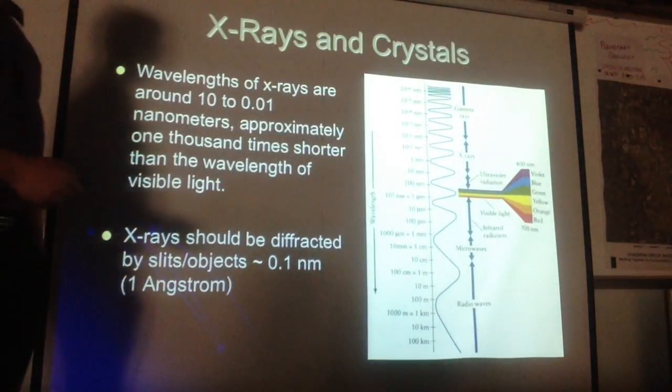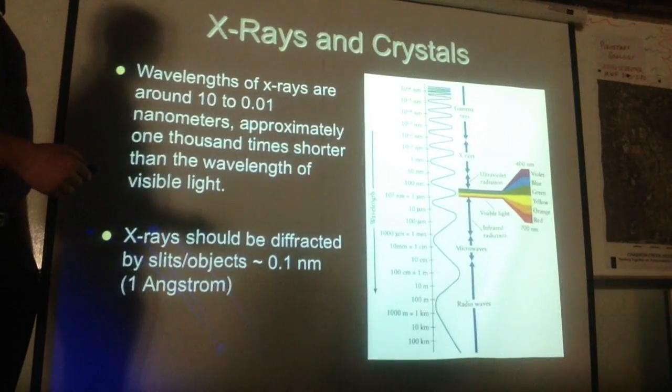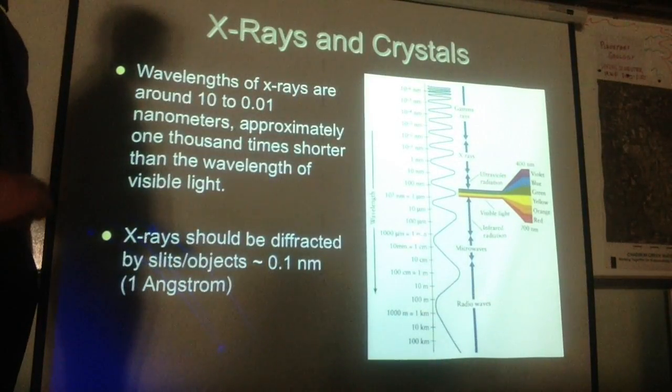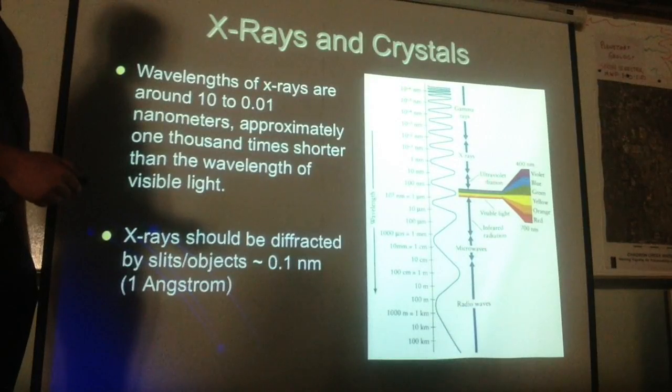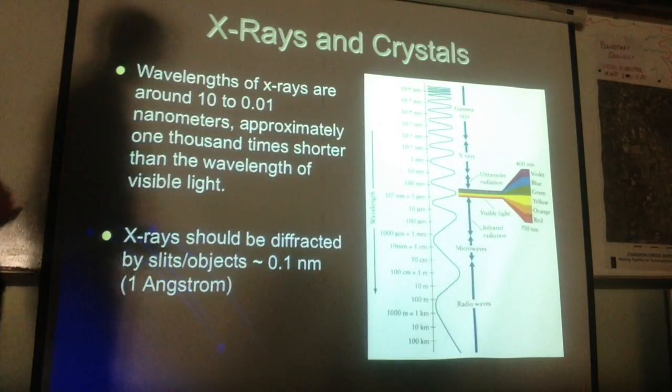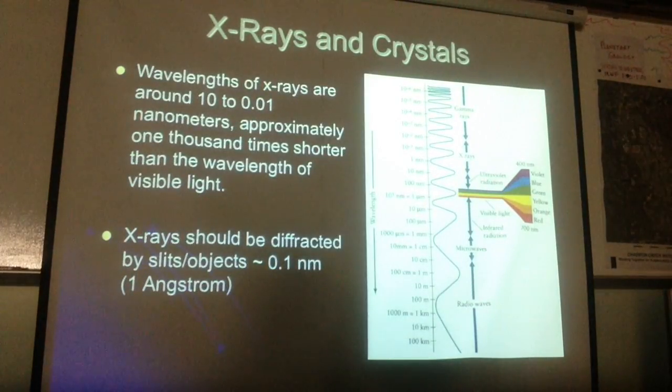We look on here, we see X-rays fall in between here and here, and our visible light spectrum is just right in this range here. So X-rays should be diffracted by slits or objects about 0.1 nanometer or 1 angstrom. So we're talking really thin.